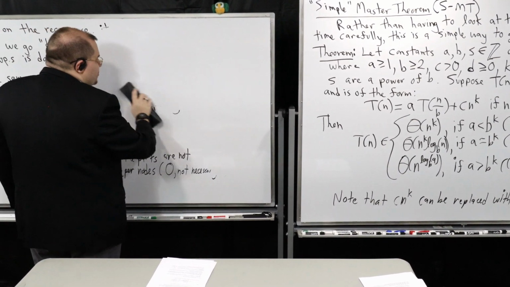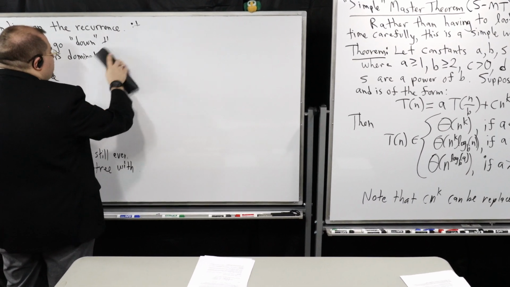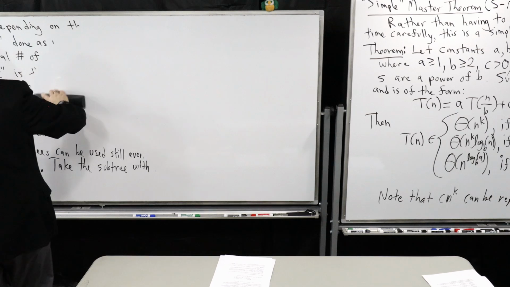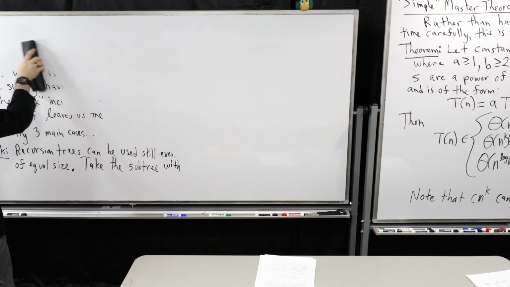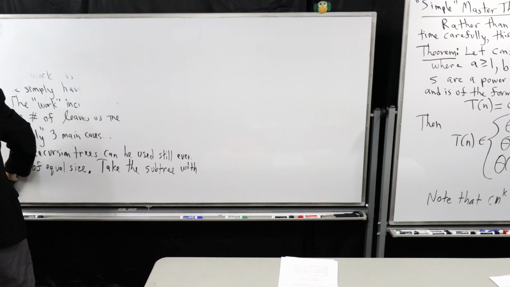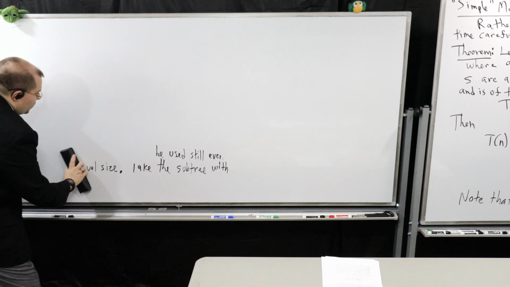I call it the simple master theorem because it's simple to apply and it applies to simpler recurrence relations. This is in contrast to the master theorem, which has more conditions to it, requiring you to do more work to meet one of the 3 cases.